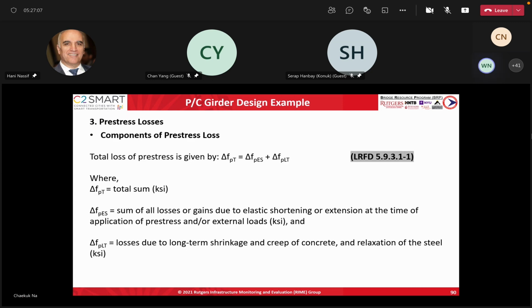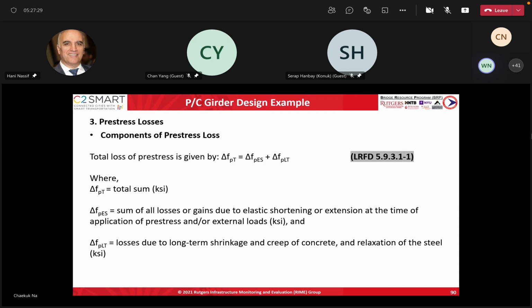Okay, now the pre-stress losses. As Dr. Nassif mentioned in the previous slides, when the feasibility domain was used to calculate the number of strands, the percentage losses was assumed to be a certain percentage. It was assumed to be 21%.